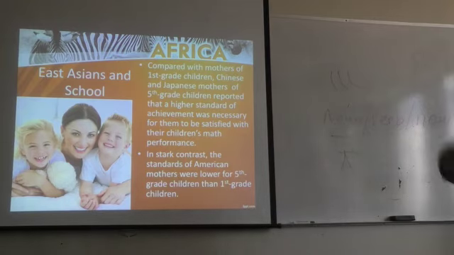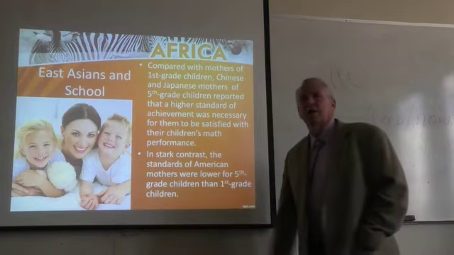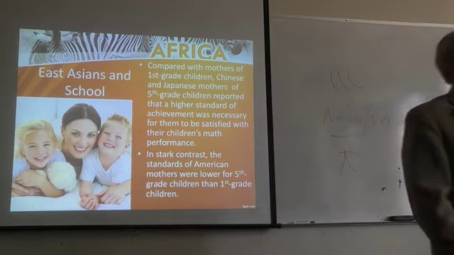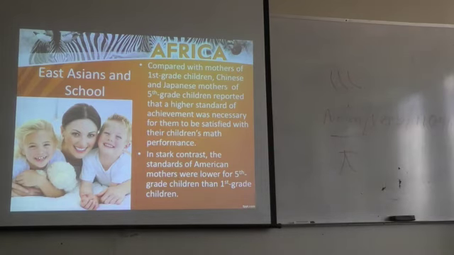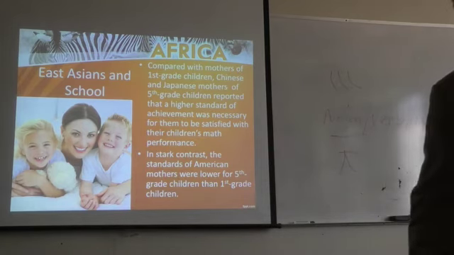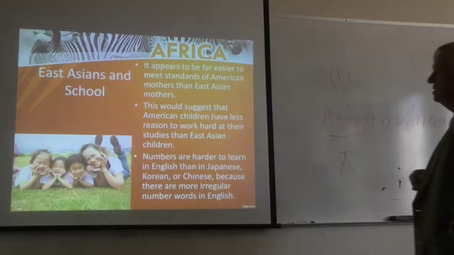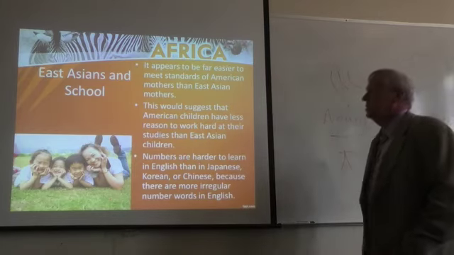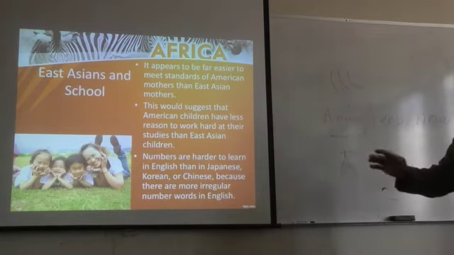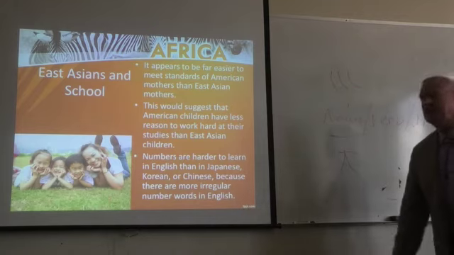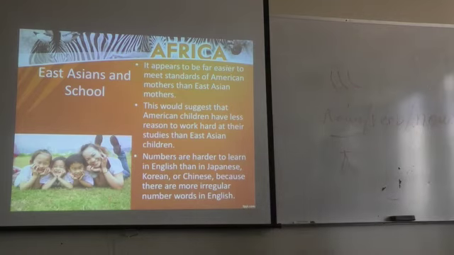So despite the fact that the math is getting more difficult, you should be expecting them to do better. The American mothers didn't care. They didn't care at all. Chinese and Japanese mothers, they cared. And they told their kids about it. It appears to be far easier to meet standards of American mothers than East Asian mothers.